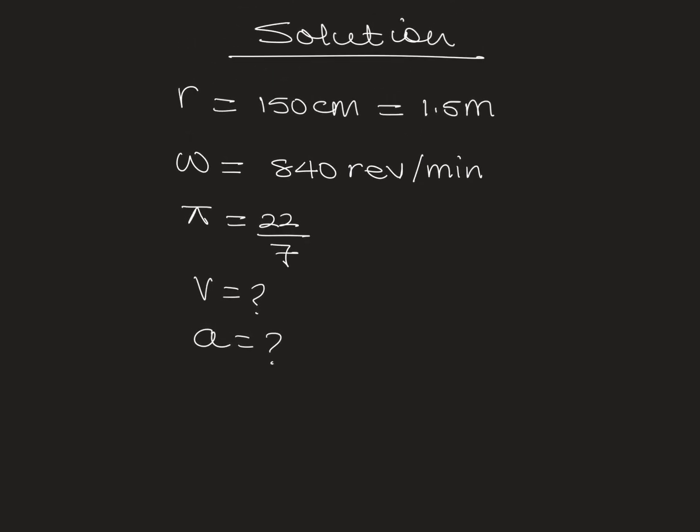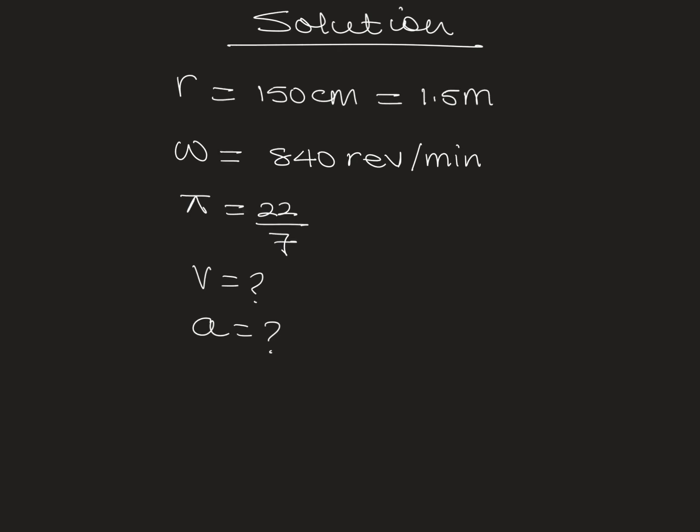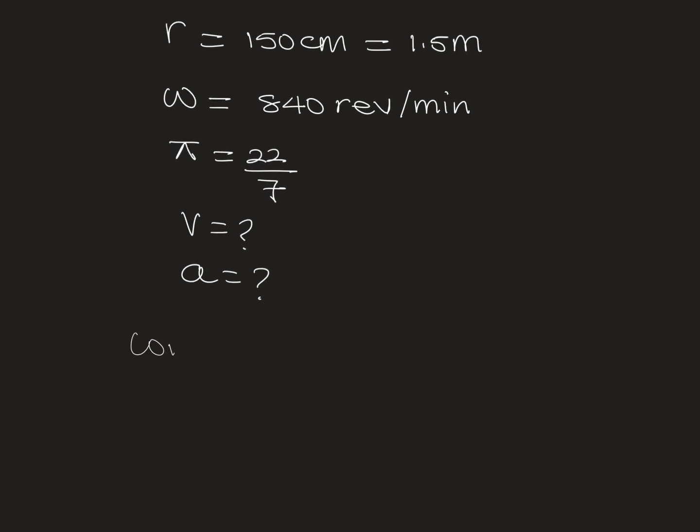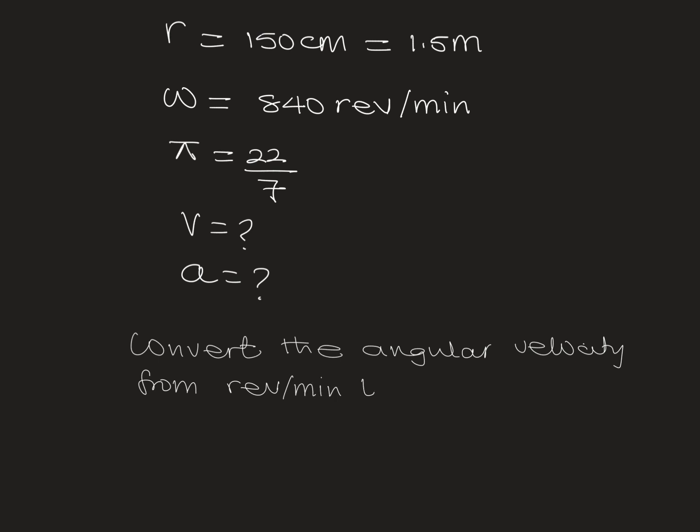So what do we do? Here, the angular velocity is given in revolutions per minute, but we want it to be in radians per second. Okay, that is the standard unit that we will work with. So the first thing is we will convert the angular velocity from revolutions per minute to radians per second.